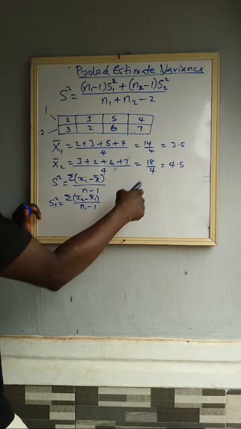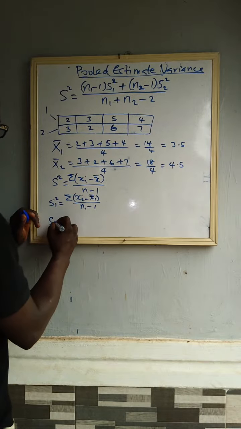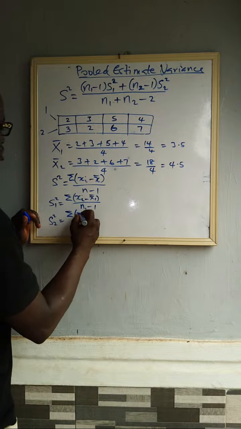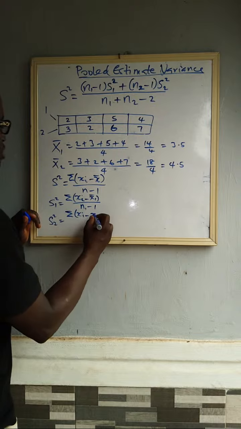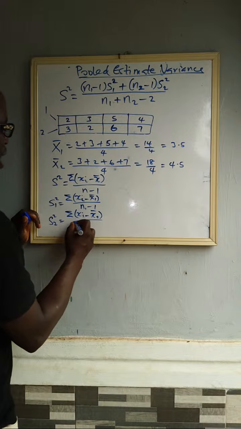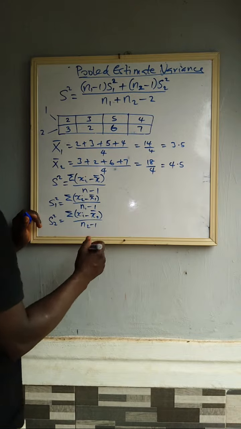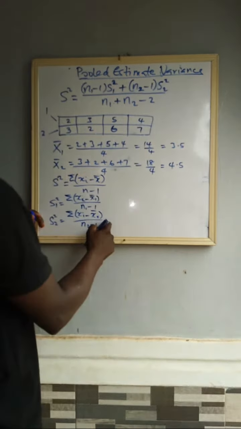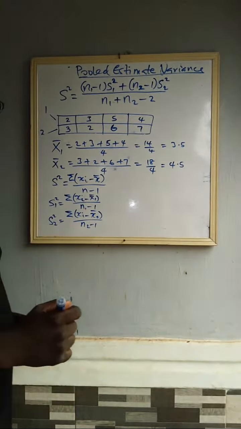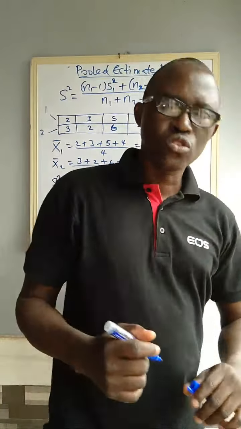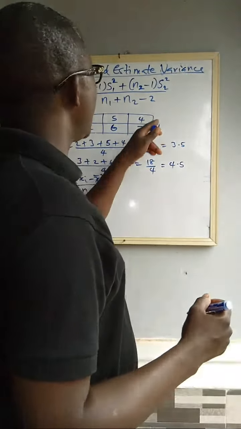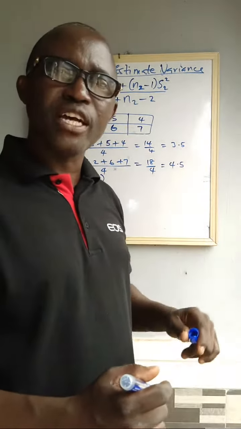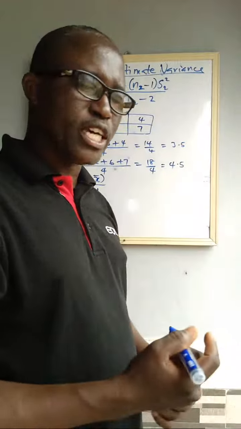Then we repeat for the second one using the same formula, s2 squared equals summation of xi minus x2 bar squared over n2 minus 1. So we use the first for the first set of data and the second for the second set of data. That's what we have. So we're going to calculate the variance for each one now so that we can substitute into the pooled estimate variance to get their pooled variance together.